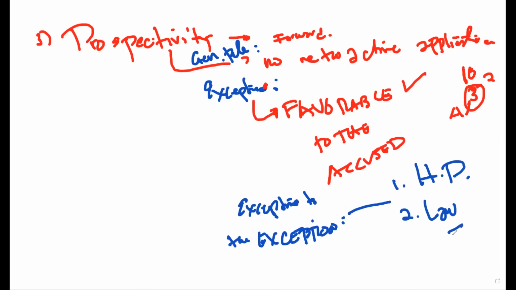When the law says otherwise, do not give it retroactive application. And if he is a habitual delinquent, he will not benefit from the new law that is favorable to him.